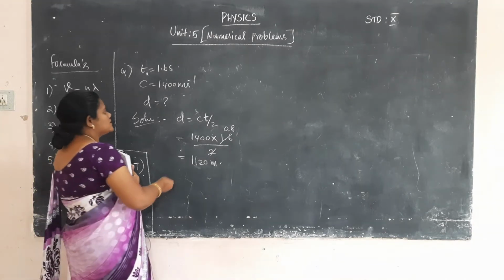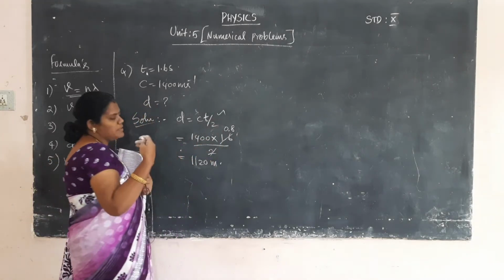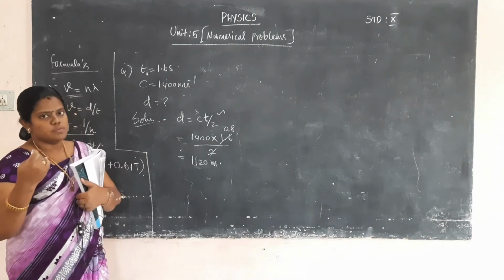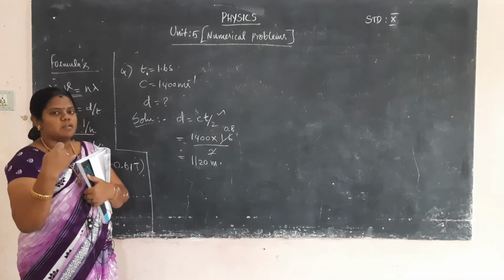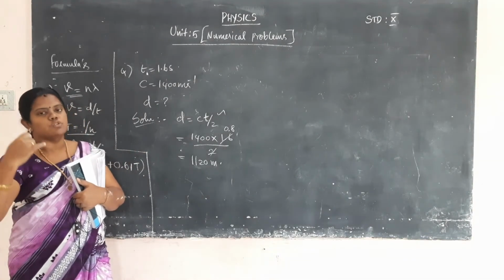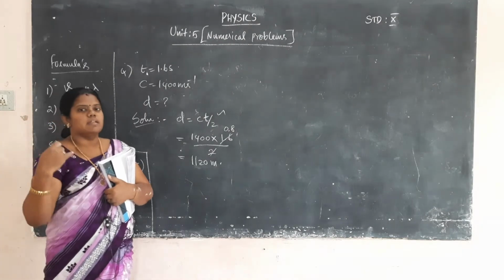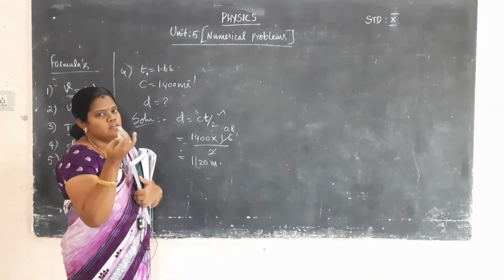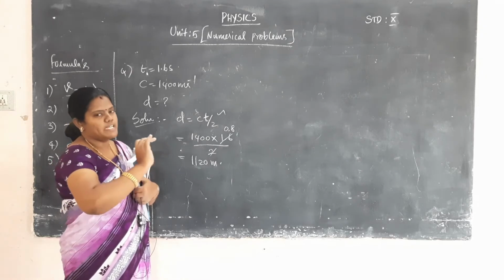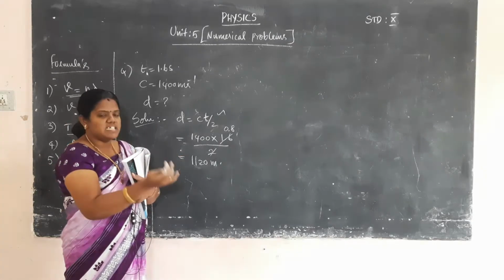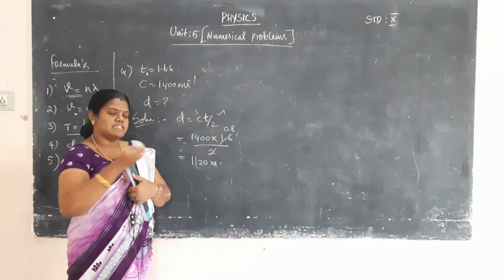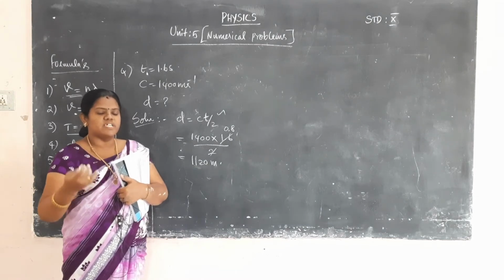Time will be taken as half of the time interval between the transmission and then reception, because the signal goes from the sonar, falls on a particular thing in the sea, and the signal retraces its path and is received by the receiver in the sonar.